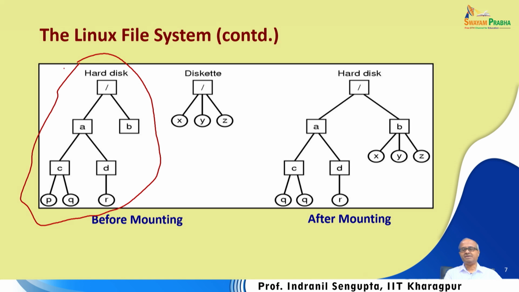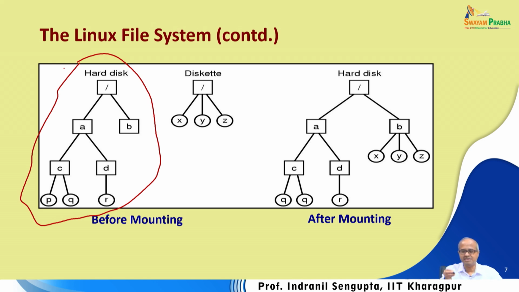Now, I insert a floppy disk or a pen drive or a CD-ROM or something. Inside a pen drive which is formatted under Linux, there is also a file system. Inside a CD-ROM there is a file system. Inside a floppy disk there is also a file system.